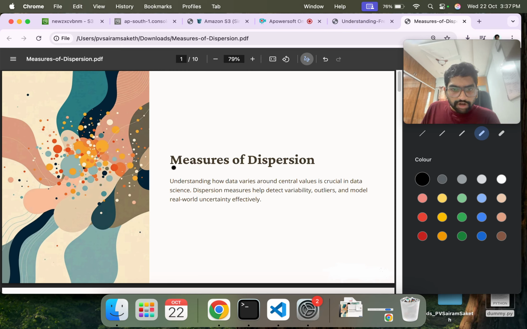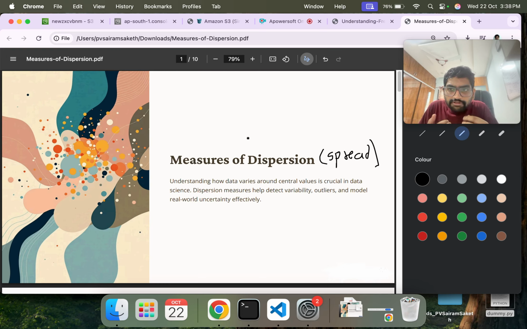See, what is measures of dispersion? It is also called the spread, measures of spread. So what does this mean? Measures of dispersion means how the data is spread around the center value.